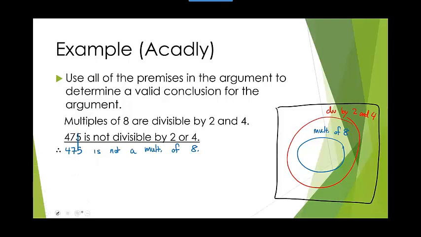And if 475 is not divisible by 2 or 4, then it has to be out here somewhere, and therefore 475 cannot be a multiple of 8. It's not in the multiple of 8 circle.